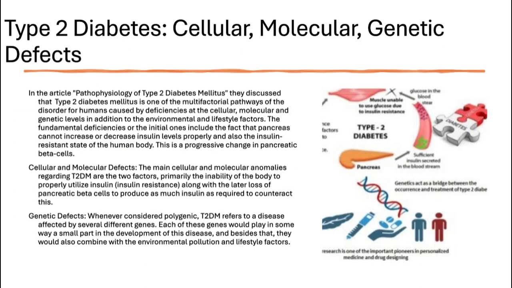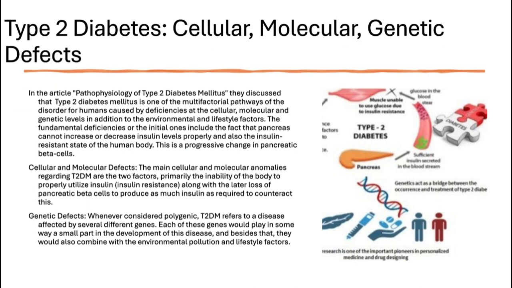This slide explains how type 2 diabetes develops on three levels: cellular, molecular, and genetic. Type 2 diabetes is considered a multifactorial disease, which means it isn't caused by just one issue.